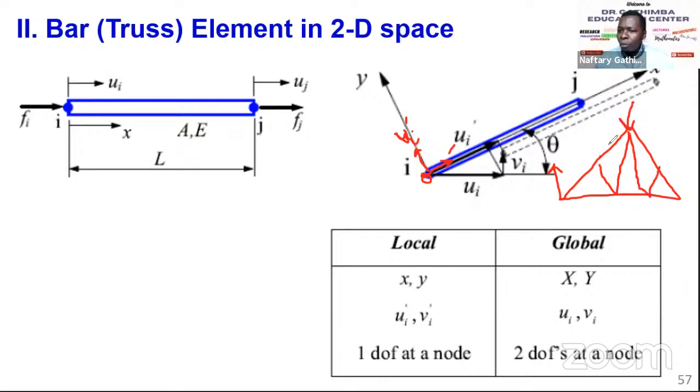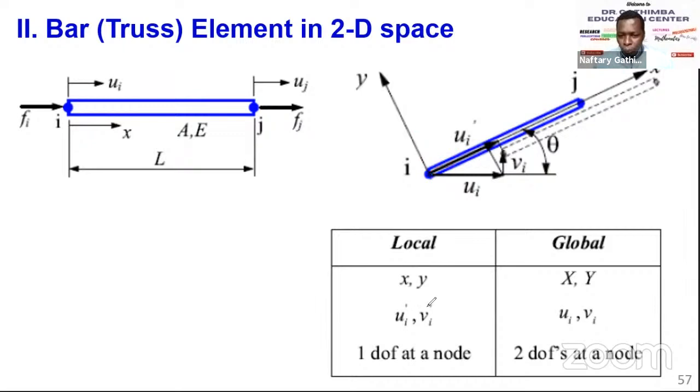So if a load is applied vertically downwards, we resolve the forces, or if we calculate the displacement at a certain node, because of the assembly of different members, the vertical and horizontal displacements become of concern at global scale. But at local scale, for a bar element, the assumption is that it's only carrying axial loads. So I hope that one is clear.